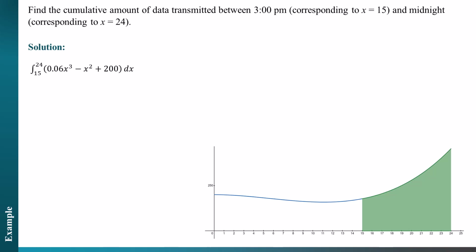Now we need an antiderivative of 0.06x cubed minus x squared plus 200. We find this to be capital F of x equals 0.015x to the fourth minus 1/3 x cubed plus 200x. So the definite integral from 15 to 24 of 0.06x cubed minus x squared plus 200 is equal to capital F of 24 minus capital F of 15.